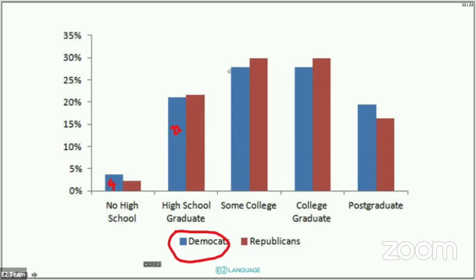About 27% or something of Democrats have some college education. Same thing here, about 27% of Democrats have a college graduate degree. And finally, about 20% of Democrats have a postgraduate degree.